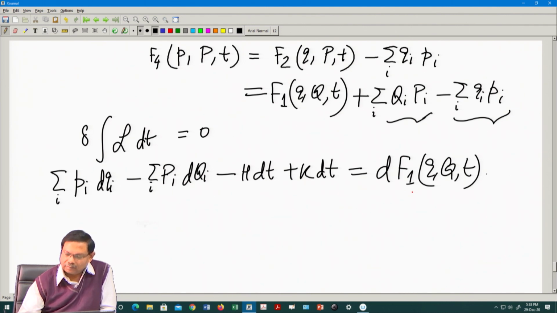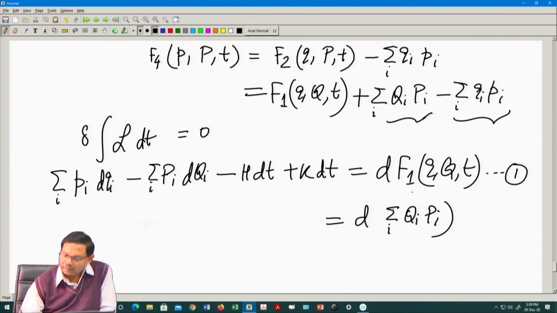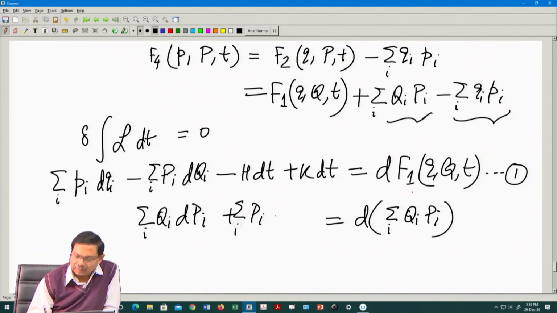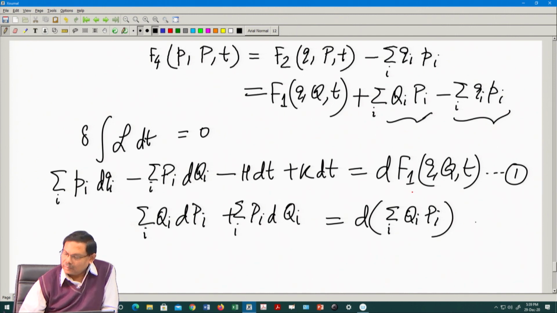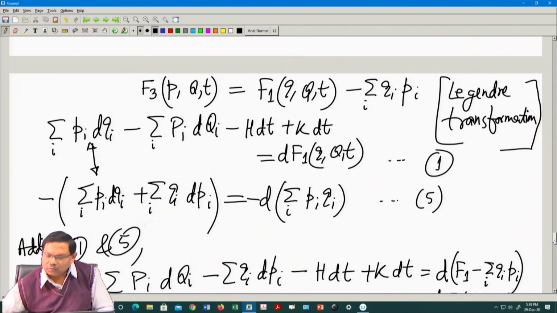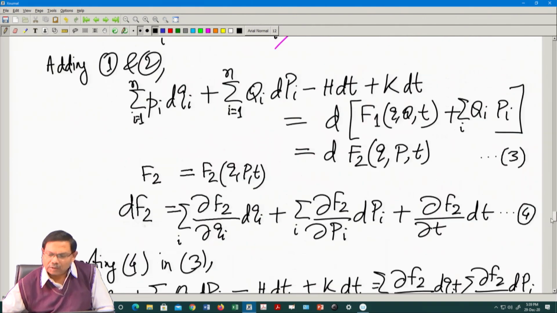This is equation 1, and we have already used, if I take the total derivative of sum over q_i p_i, I can write sum over q_i dp_i plus p_i dq_i. This was equation 2 earlier.